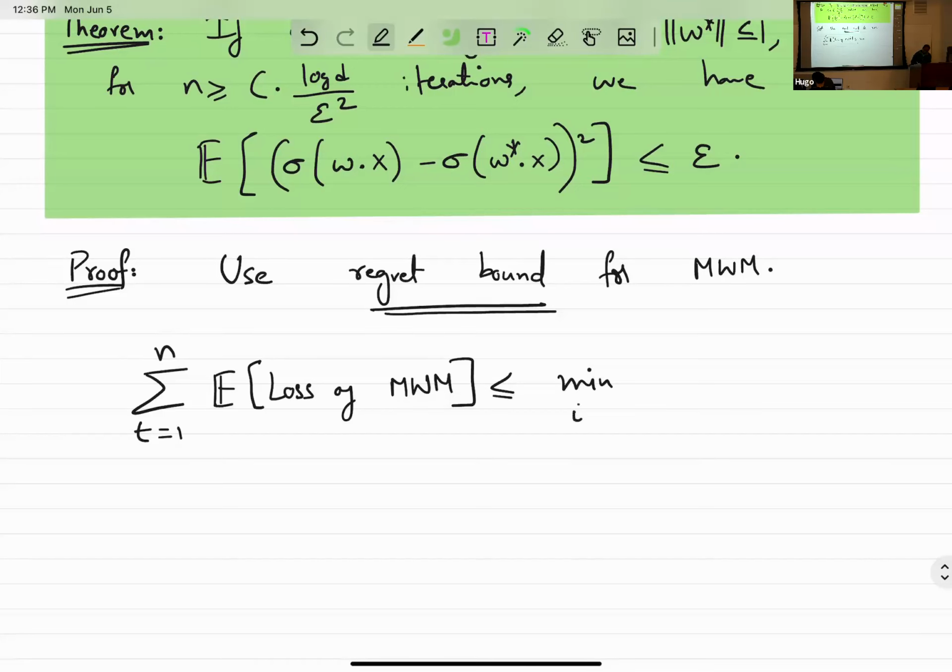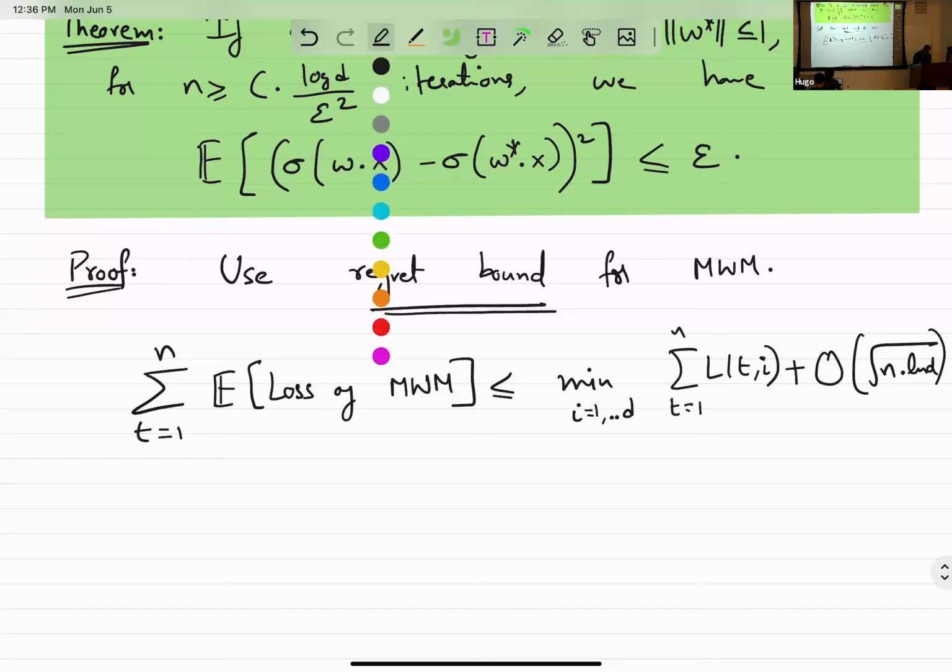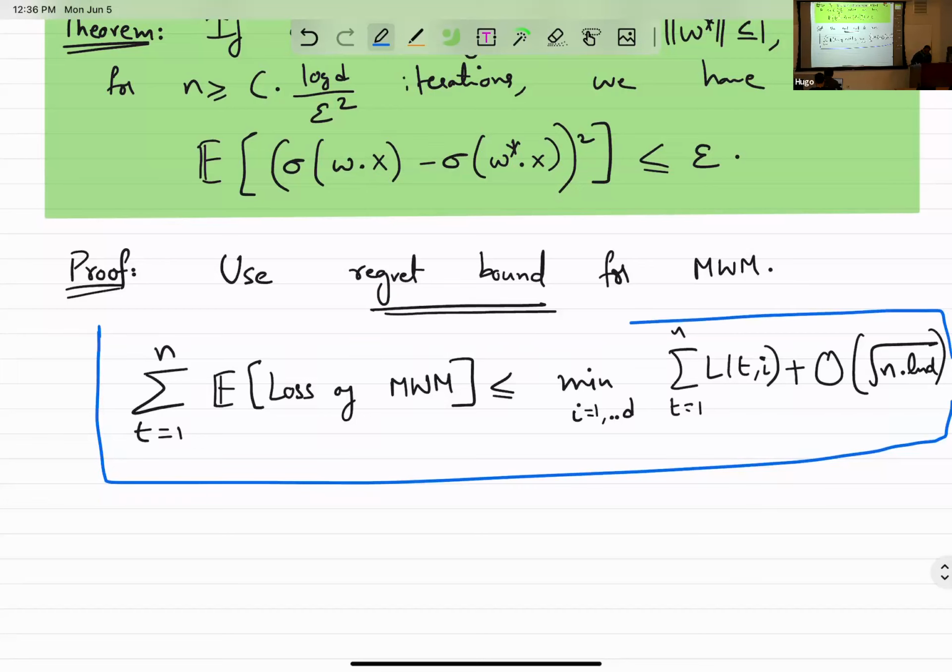So you have D experts, look at the total min loss that any expert has. The gap should be at most square root n times. Right, so this is the regret bound that we had for MW.